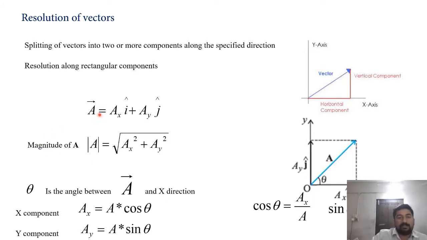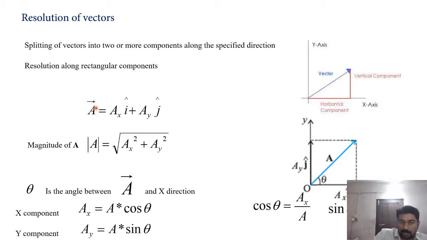So resolution into rectangular components: this is your vector. You can resolve it along the axes. You put a line here; this will represent the magnitude in the x direction, a x i. You put a line here; this corresponds to the vector a y j. The addition of a x plus a y will give the total a.